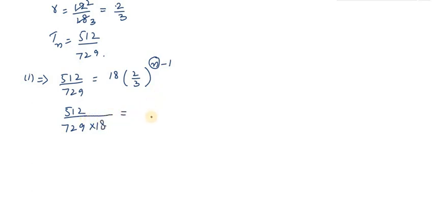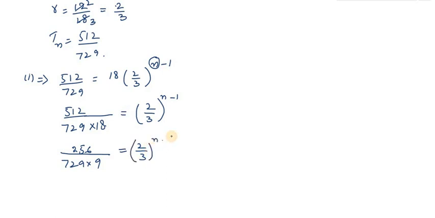So we get here 2 upon 3 the whole power n minus 1. So by simplification of this, we get 2 multiplied by 2, 2 twos are 256 upon 729 into 2, 2 nines are 18, is equal to 2 upon 3 whole power n minus 1.